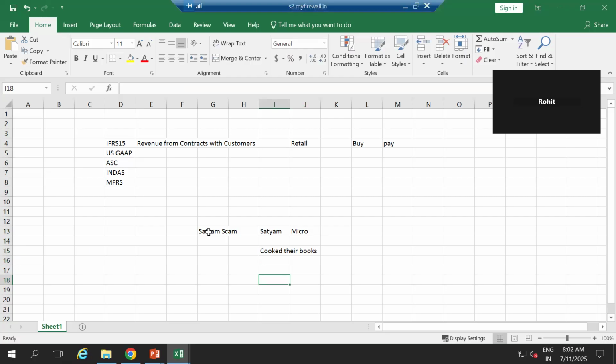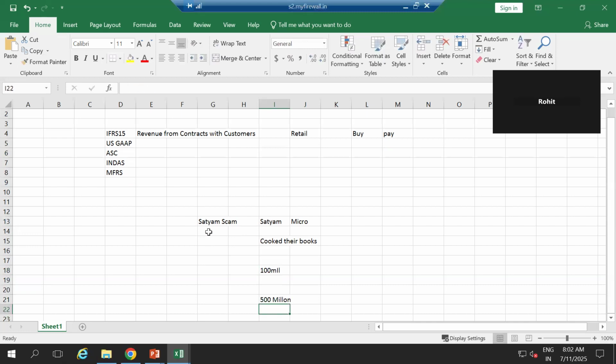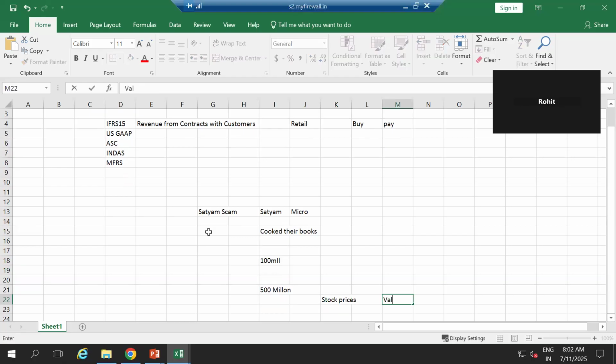The revenue, let's say they made a revenue of 100 million. They increased this to 500 million. They increased the numbers. They inflated the revenues. Why? To inflate their stock prices. Why do they need to inflate the stock prices? To increase the valuations. So why increase the valuation?